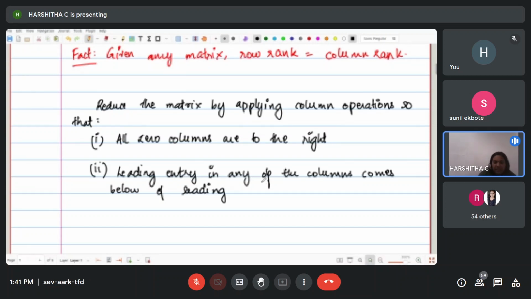When we solve an example, it will become a little more clear. When we say leading entry, we mean non-zero entry, just to clarify. That's what a leading entry is.